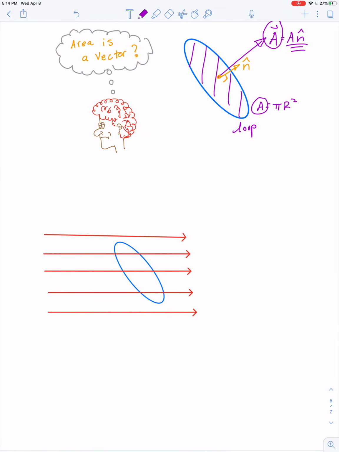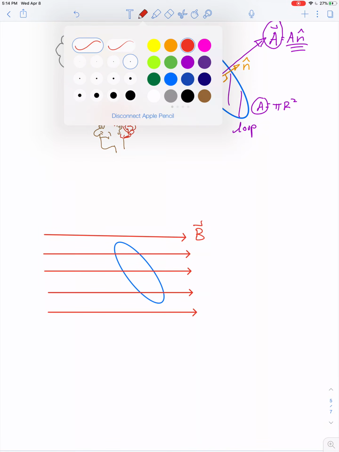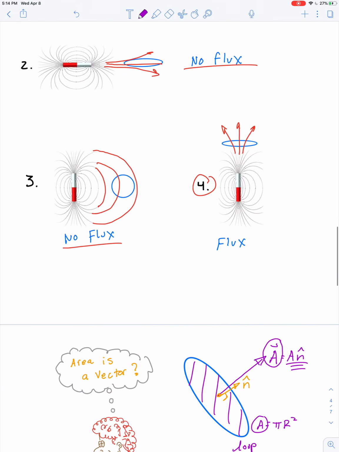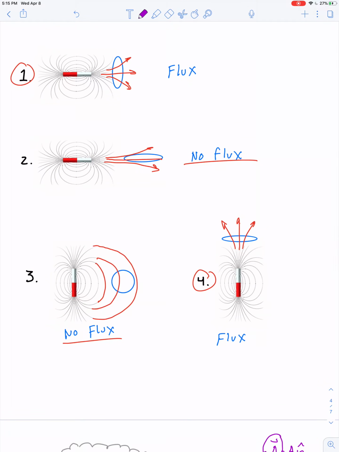If you have a magnetic field pointing to the right in the plane of this page, now magnetic field is definitely a vector quantity, and that magnetic field doesn't exactly skirt past the area of the wire as it does in case 2, but then again it doesn't meet so that it provides a maximum amount of flux like it does in case number 1.